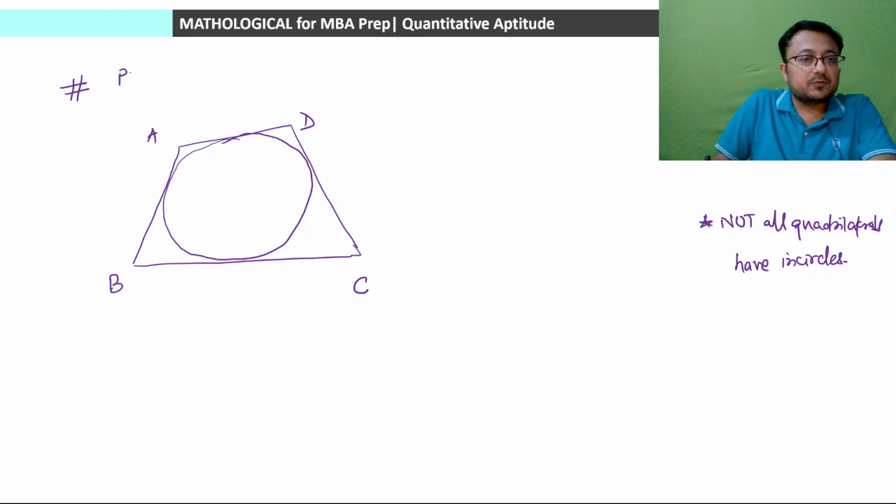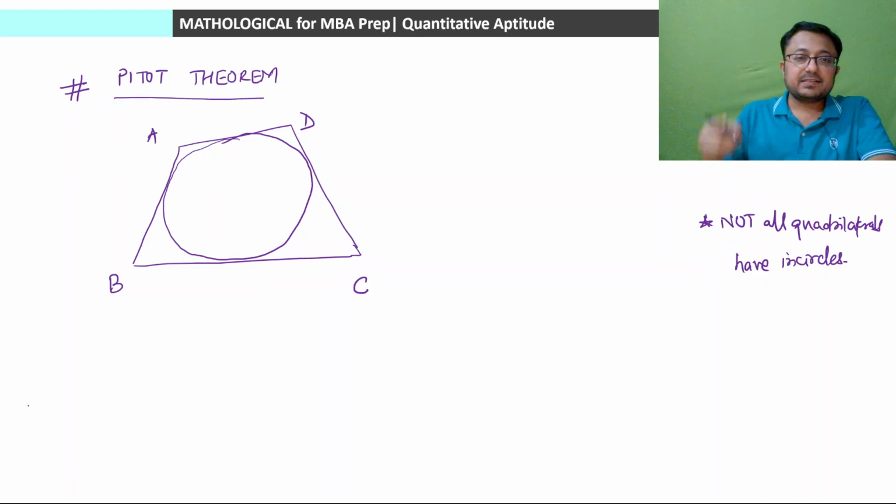The name of the theorem is Pitot Theorem. And if a quadrilateral has an incircle, in that case all the sides of the quadrilateral, side AB, side BC, side AD, and side CD, are tangents to that circle.